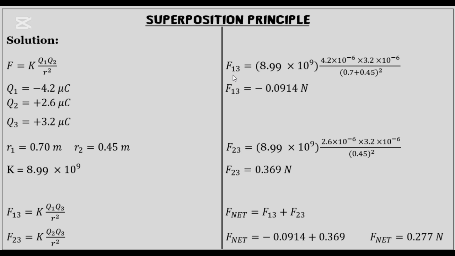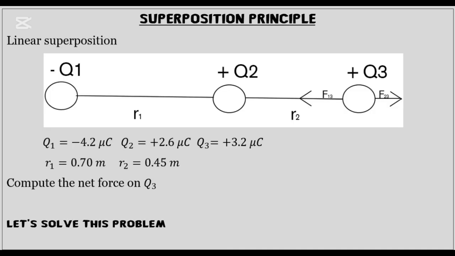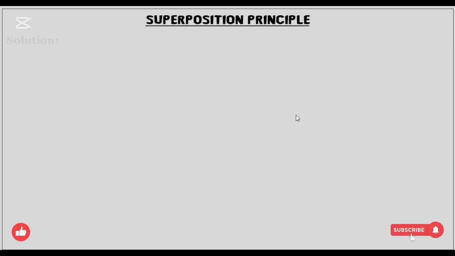Now we take the equations one by one, then we do our substitutions. We have our K, which is 8.99 times 10 to the power 9. We have our Q1, then we have our Q2. Now to the diagram: from Q1 to Q3, you're supposed to add R1 and R2 to get our total distance. So we note that.